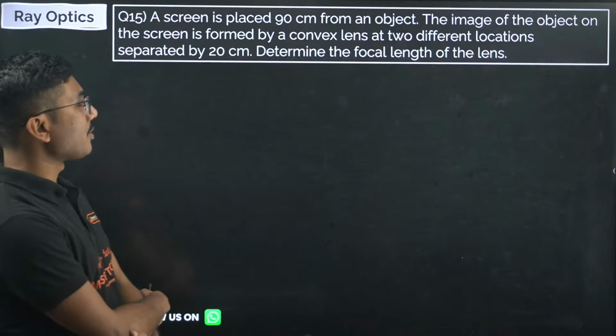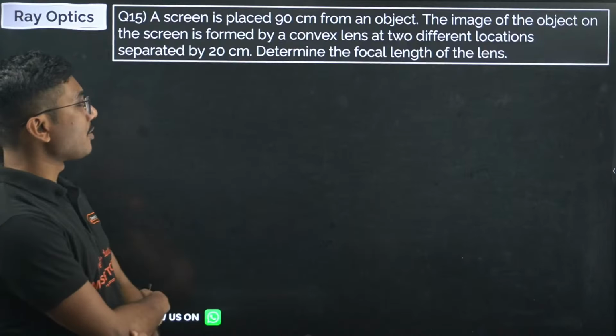Here we have an object, a screen over here, and a lens. Now at two positions of the lens you will get the image on the screen. There was a derivation on this. The derivation is no longer part of the syllabus. This question is there in your NCERT textbook, so I decided why not practice it.